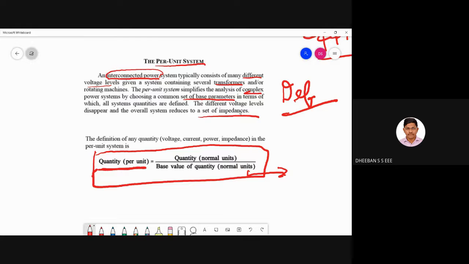This is a basic definition. I'll be moving to the next part, then you will get a clearer idea. First is normalization, and based upon normalization, one of the methods is the per unit system, which is used in the power system network.